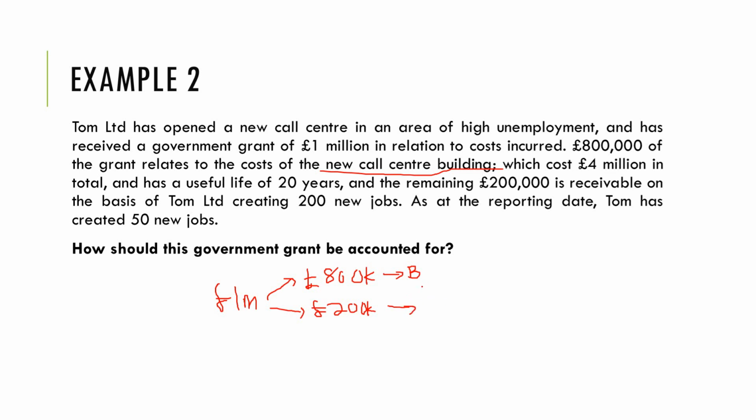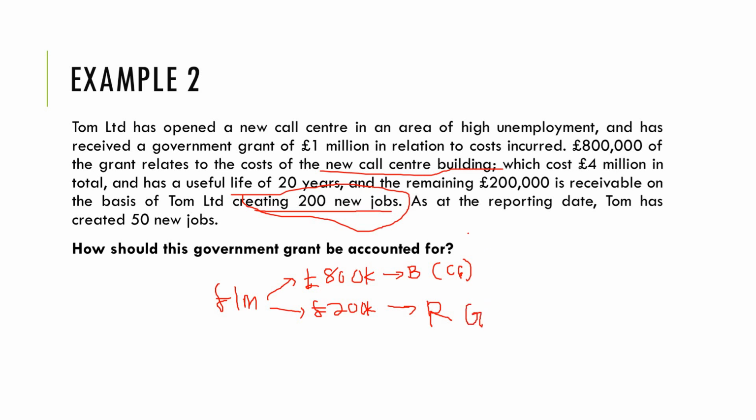job creation. Okay, so the building here is the capital grant because it relates to a non-current asset. But the job creation one, to help reduce unemployment, is one example of a revenue grant.